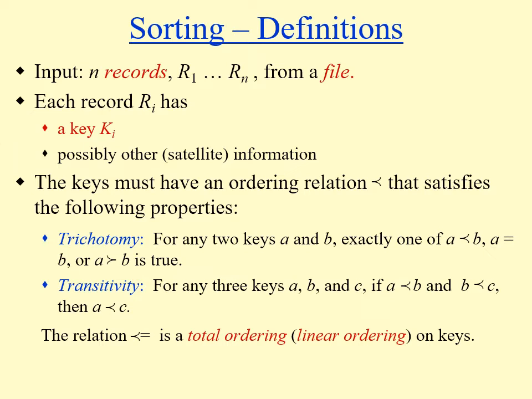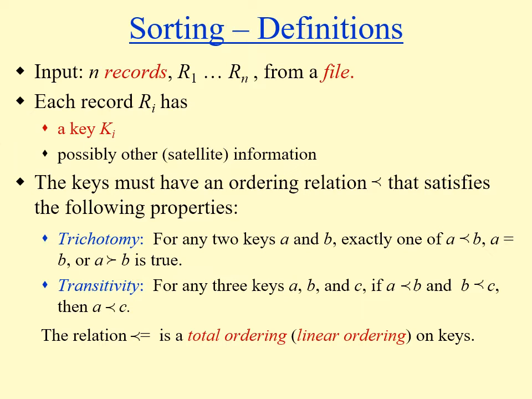The second one: why can we order? In fact, we don't need to compare one with all of the others. We may only compare some of them, and then we can rank all of them. Why? Because we have the second property called transitivity.